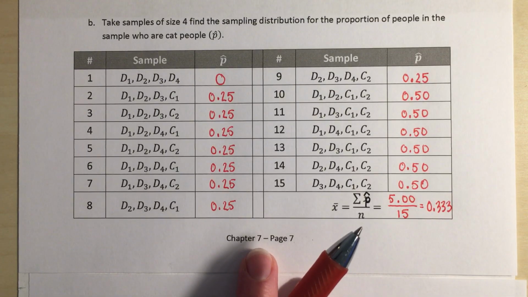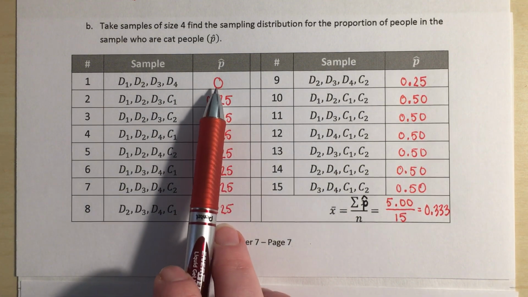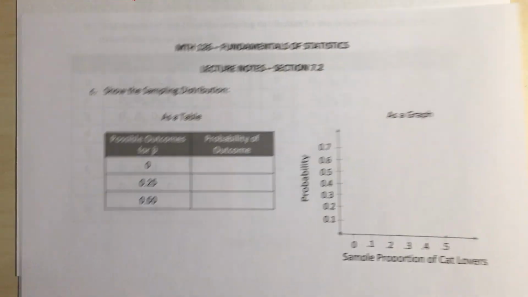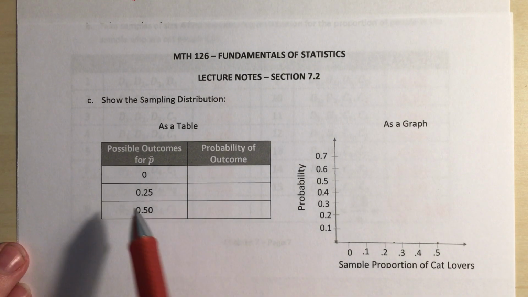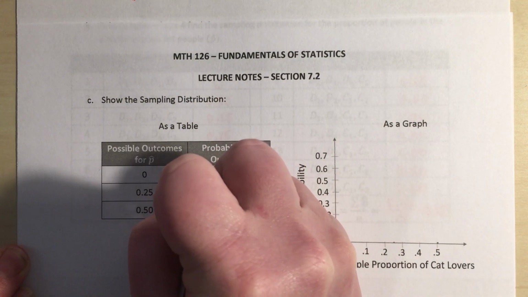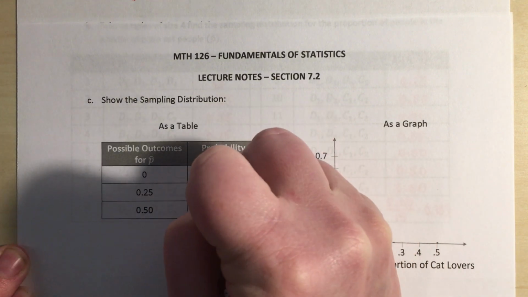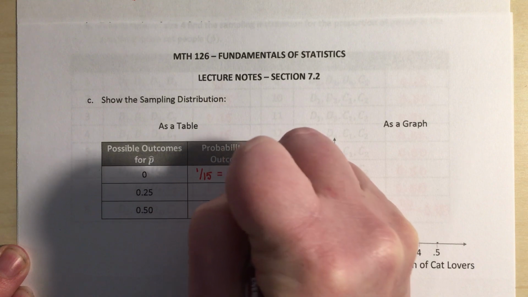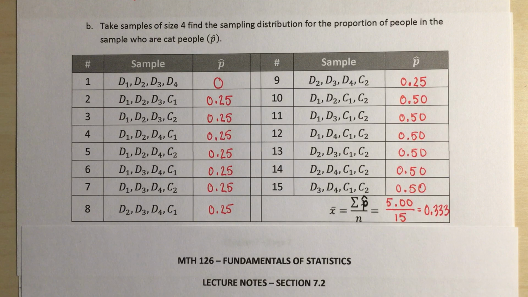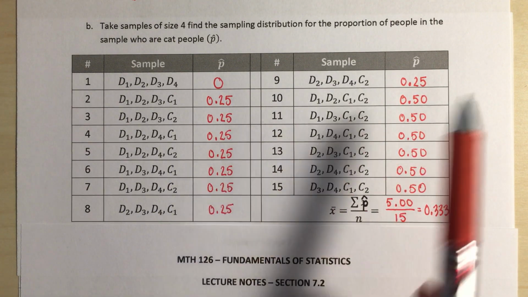I'm just going to move this table up a little bit. Looking at this table, we have exactly one row that has a 0. So in our sampling distribution, our possible outcomes for p hat, we had 1 zero out of 15. 1 divided by 15 gives us 0.067. Now we look at this table and count up the number of 0.25s: 1, 2, 3, 4, 5, 6, 7, 8.